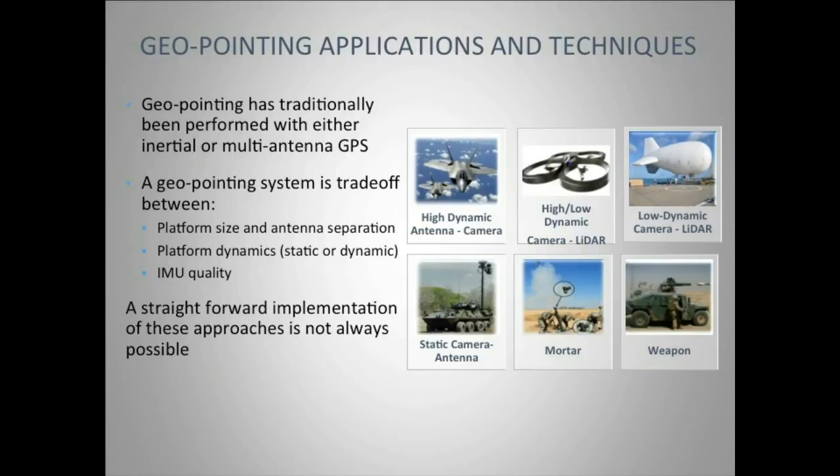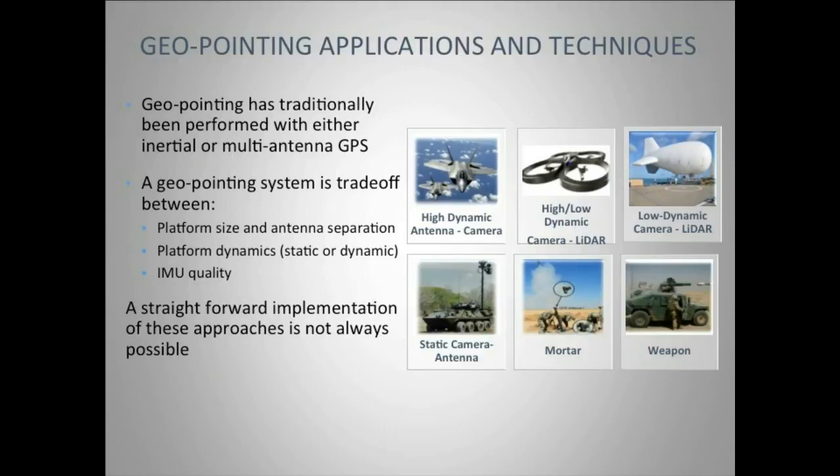Some of them are large, some of them are small, some of them move fast, some of them don't move at all, some of them move very slowly. So there's a whole range of different platforms, but the commonality is that each one of these platforms has a sensor suite, and you need to be able to geopoint the sensors in the sensor suite.